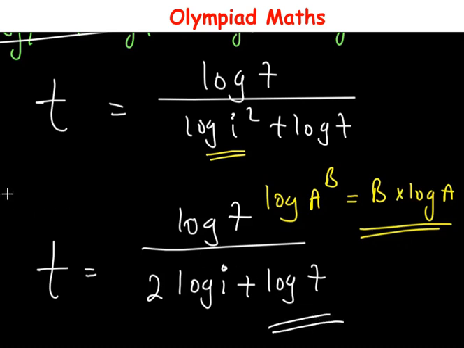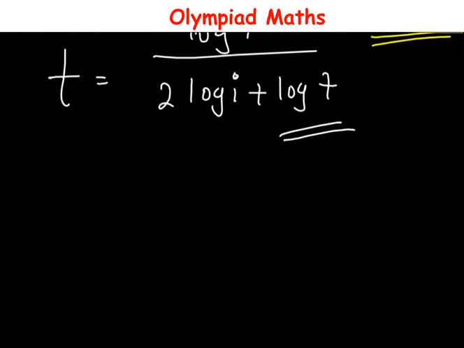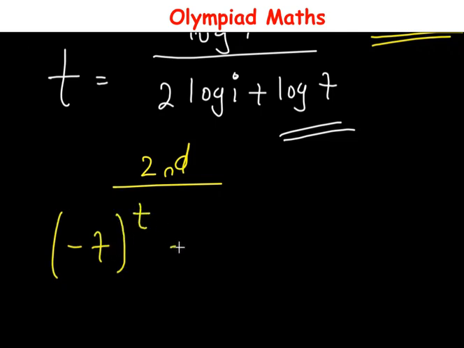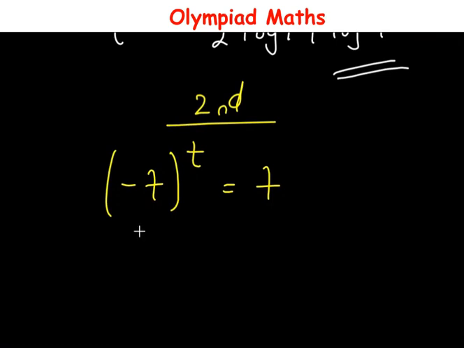Now let us try the second method, to see whether we'll get the same solution. For the second method, the question is (-7)^t = 7. From here, we express -7 as (-1 times 7) all raised to power t equals 7.